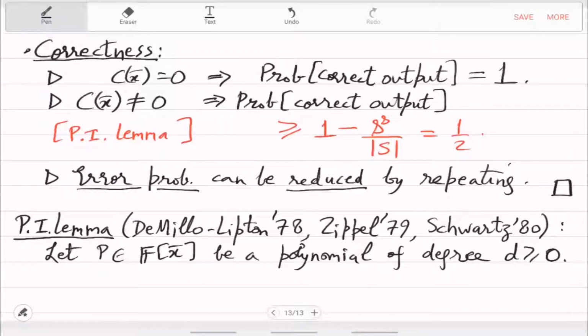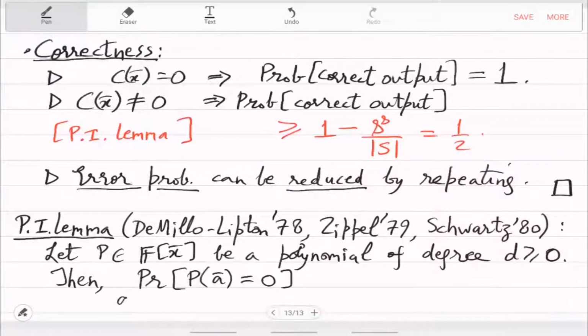then the probability that P evaluates to 0 on a random point from S to the n, okay, this probability is quite small. This probability is at most d by s, size of the sample space.